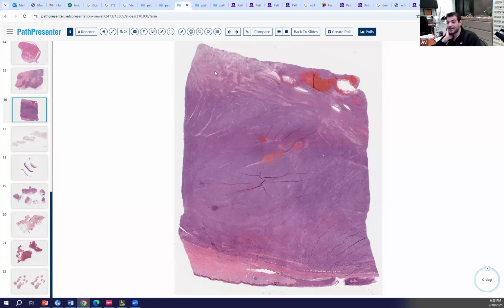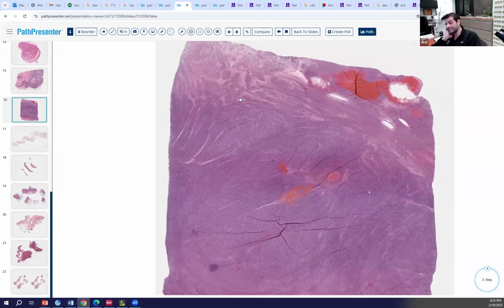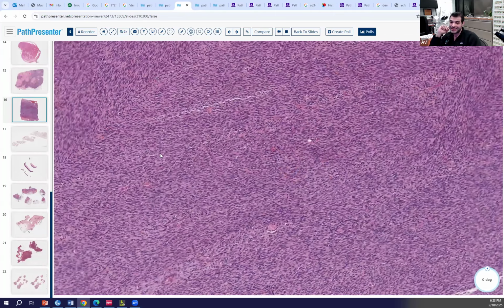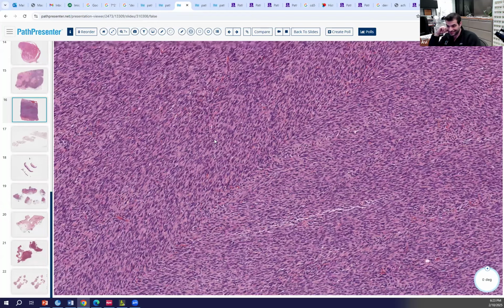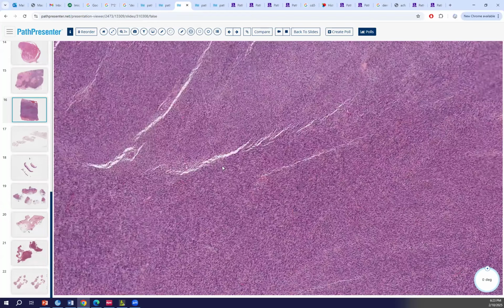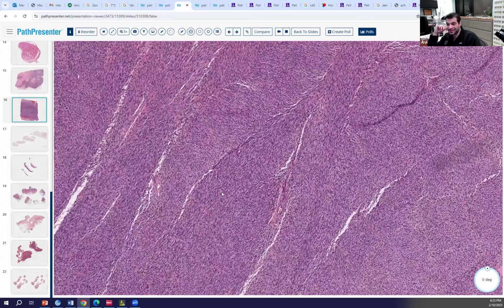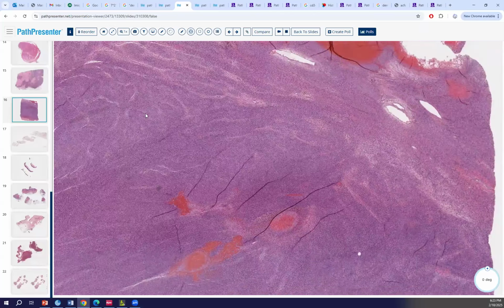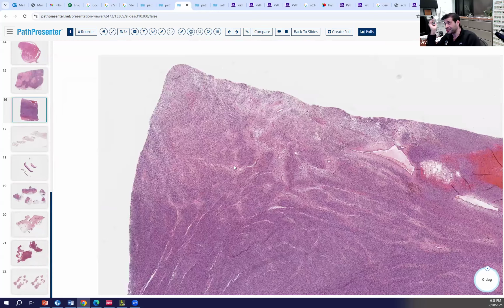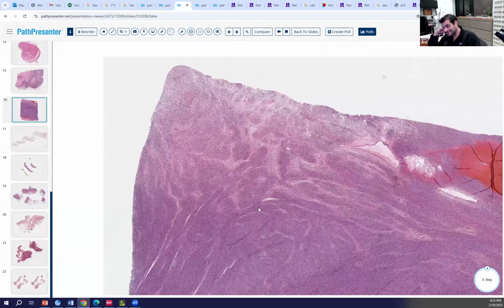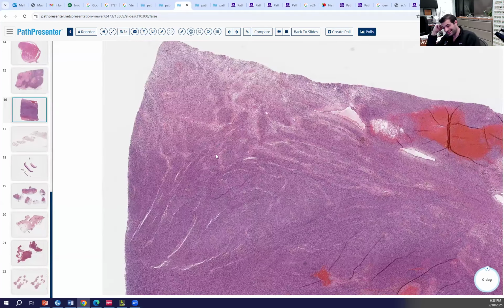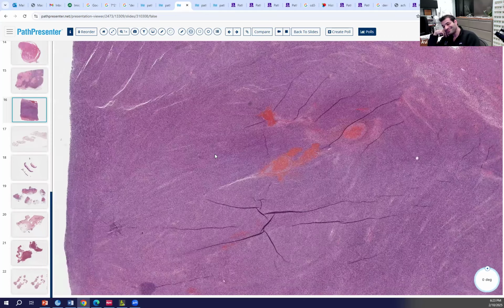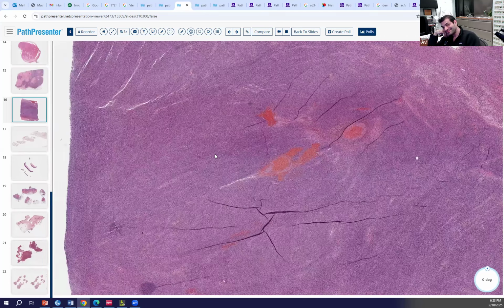Very similar, by the way, another marbled low power appearance. If I go in, we can see again, what kind of pattern? Herringbone spindle cell pattern. So for our herringbone differential, in the neural chapter, what's the one neural element on the herringbone differential that we just went over last example?